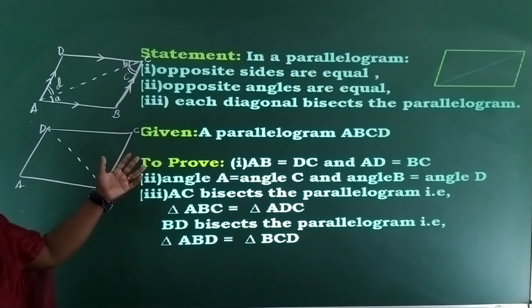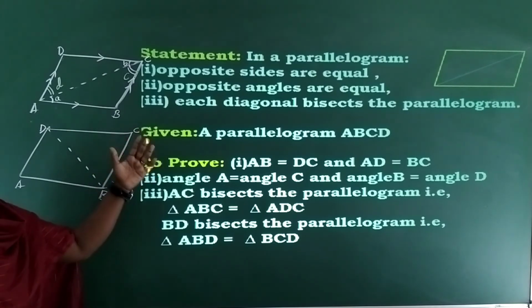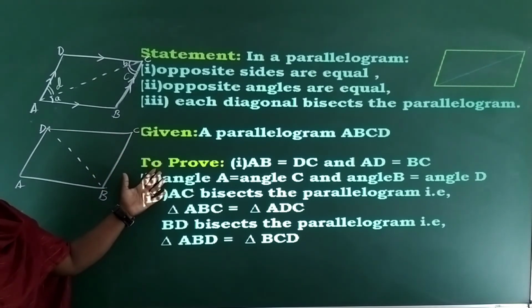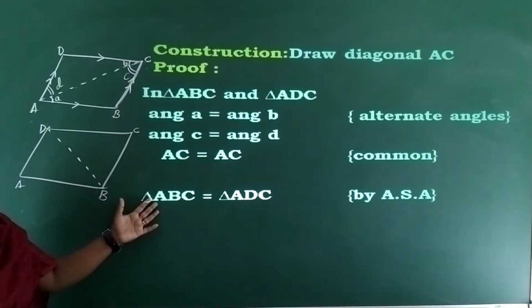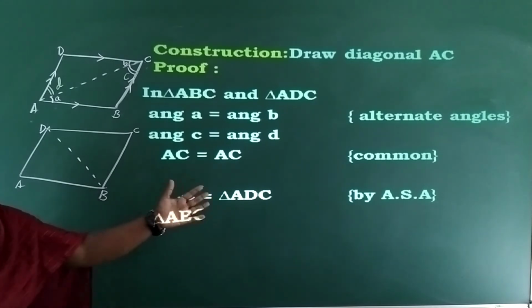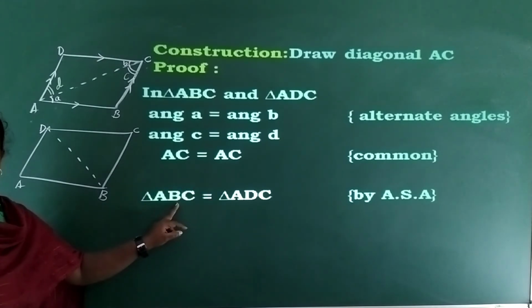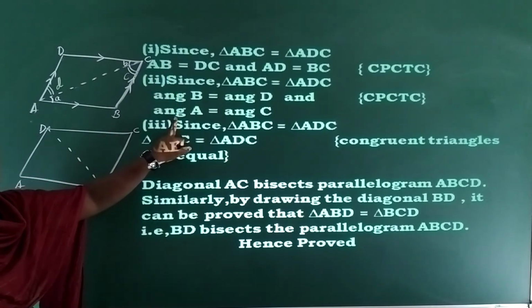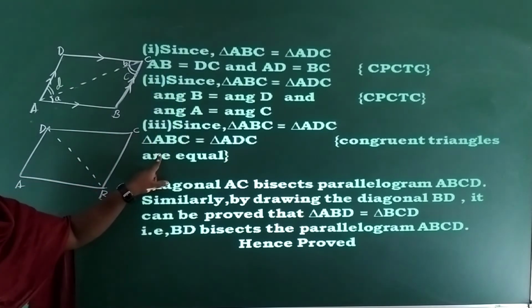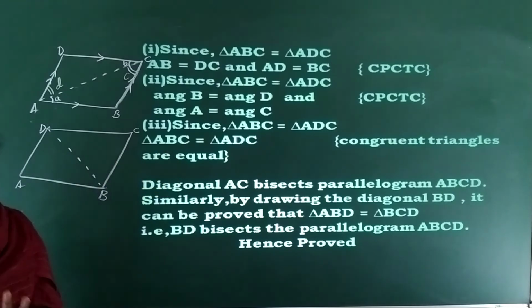Understood? See here, statement. First you have to write the statement, then given and to prove. Then you go on to the construction. By using the construction, you can prove the triangles are congruent by ASA. By keeping these two triangles, we are proving one by one. Opposite sides are equal, opposite angles are equal, and AC bisects the parallelogram. That is, congruent triangles are equal.